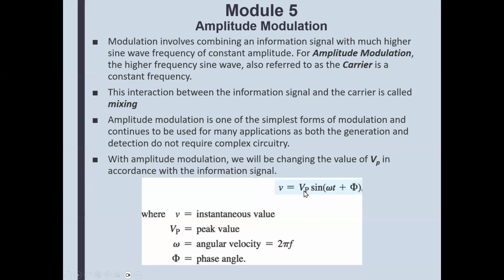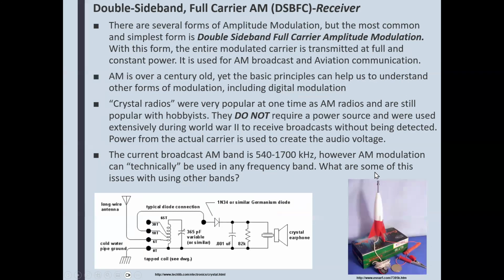Here's the peak value, and here is the trigonometric version, here's the angular velocity, and the phase shift quite often is being used as 0. But here is the formula for a sine wave. All right. I just thought it would be okay to throw that in.